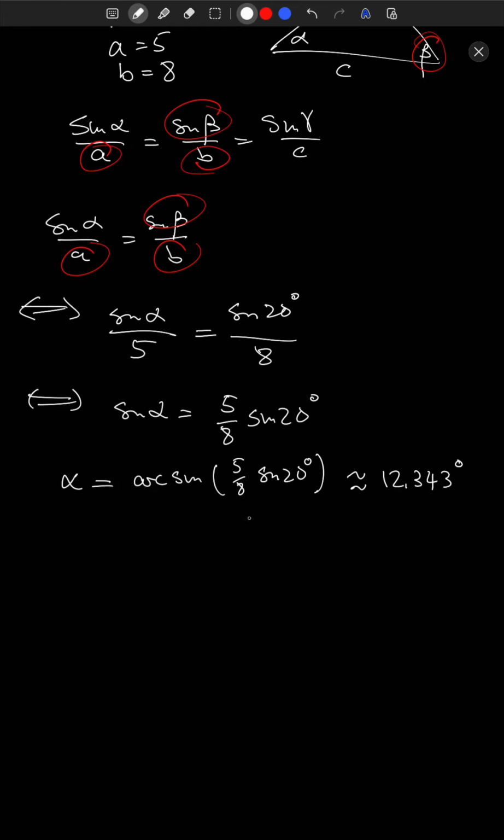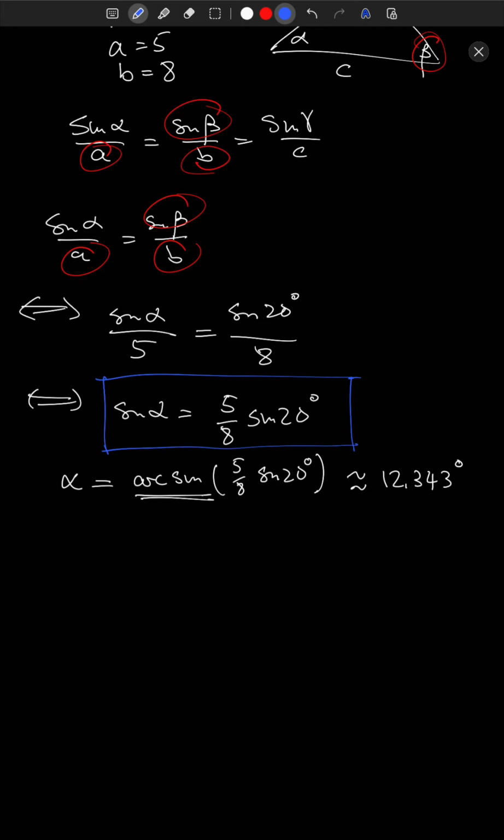Okay. All right. Again, when we use arc sine, let me phrase it like this. We actually want to solve this equation, right? And we know there's an infinite number of solutions. We only want the solutions between 0 and 180 degrees.